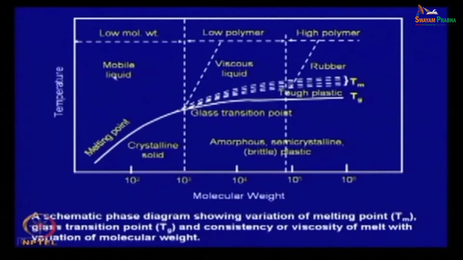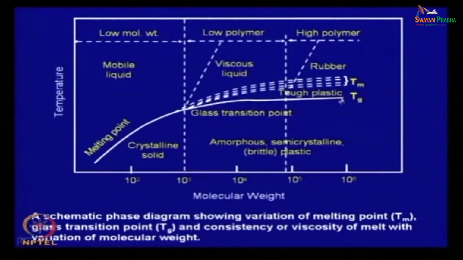So, the viscosity of this fluid is higher than the fluid within this region, and it is due to the molecular size. Higher molecular size, bigger molecules, become more viscous in liquid phase than the mobile liquid phase of discrete molecules.